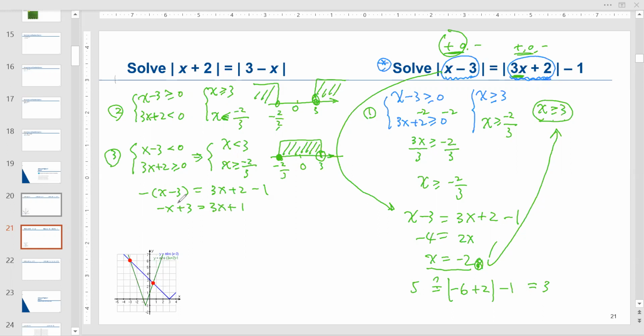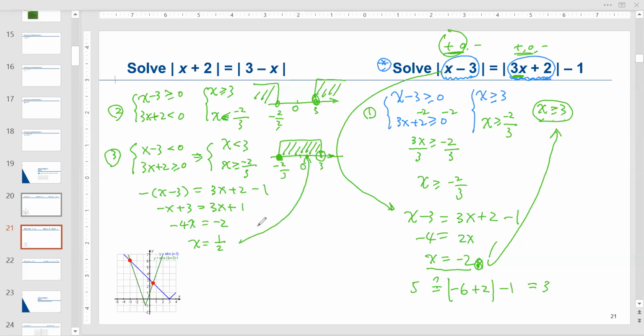There's definitely no challenge for you guys. So you can see this one right now. We move all the x to the left, -4x, move 3 to the right, -2. So x equal half, right? Half is about here.